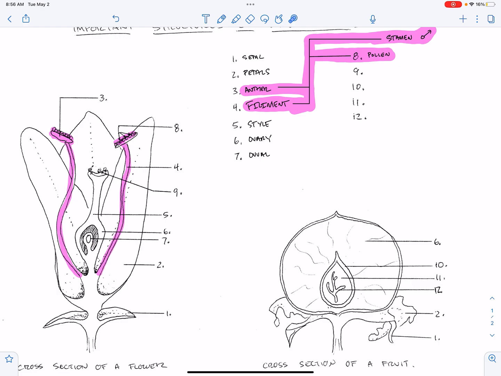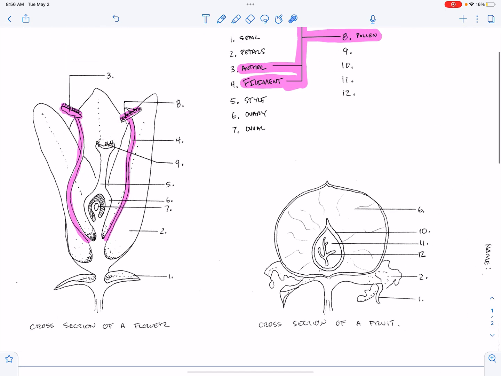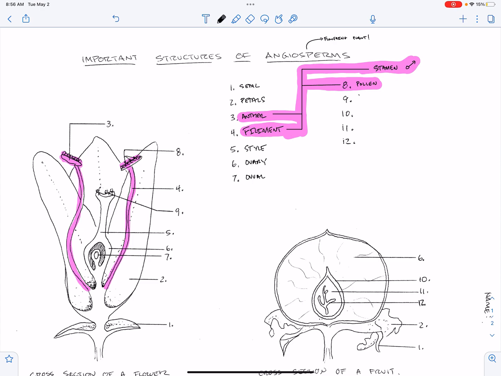Okay, so these things, in conjunction with the structure up here, which is called the stigma, all make up the female part of the flower.